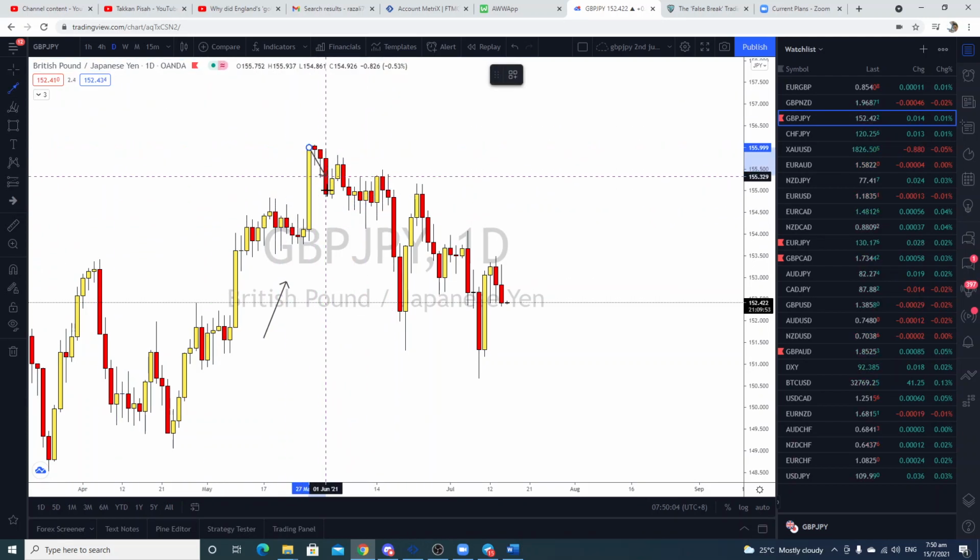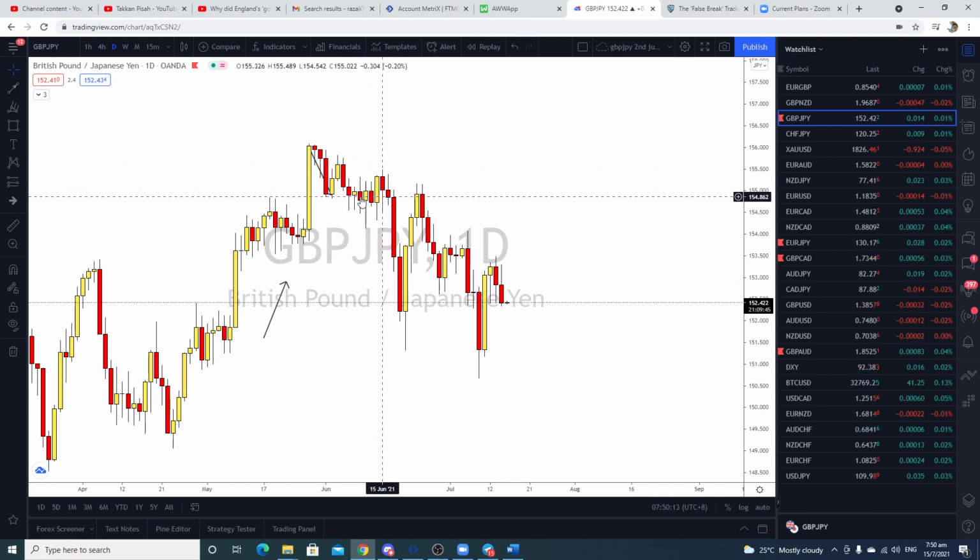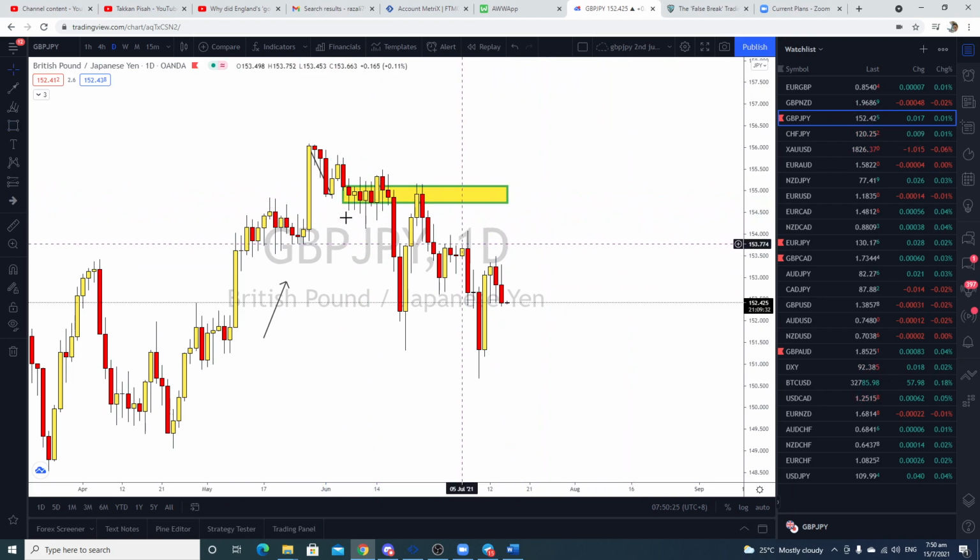This is the drop here, and then another drop here, and after this drop, price makes a base up, never breaks out, never breaks down. This is the base. After this base is formed, price retests here, double top from here, and then price pushes down. So this is a base, drop, base, drop.